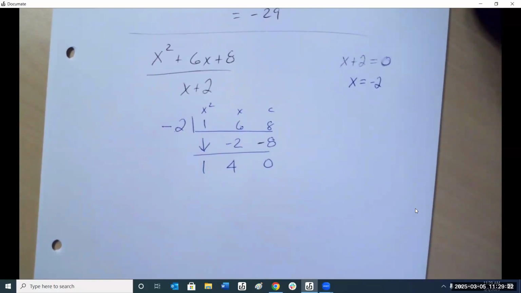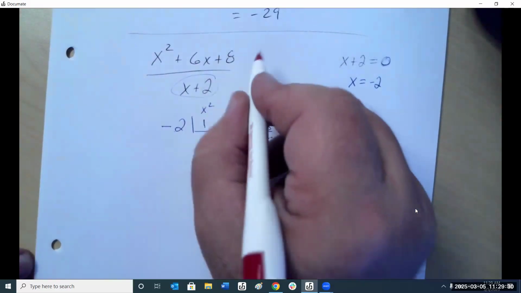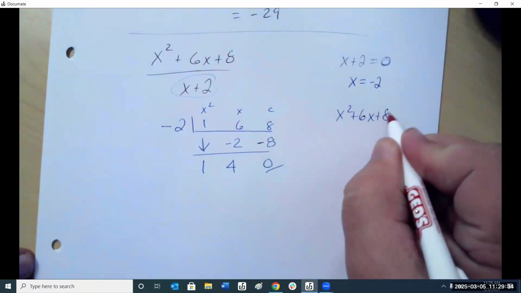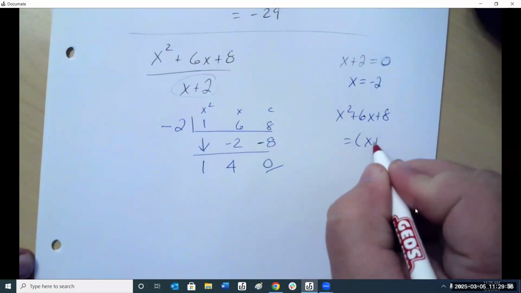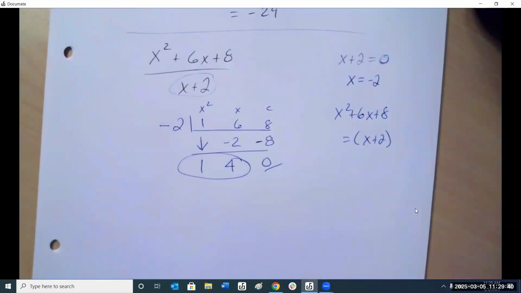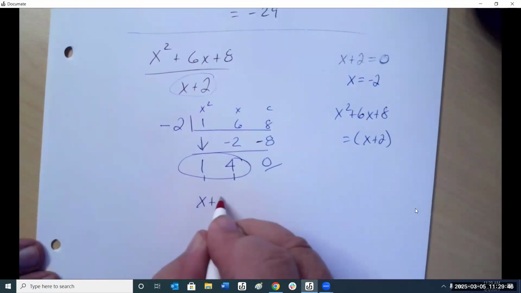And here's the beautiful thing about it. So this tells us the remainder is 0, which tells us what? X plus 2 is a factor of that. So we know that x squared plus 6x plus 8 is x plus 2 times the other factor. This is the constant, this is the x. So it's x plus 4.